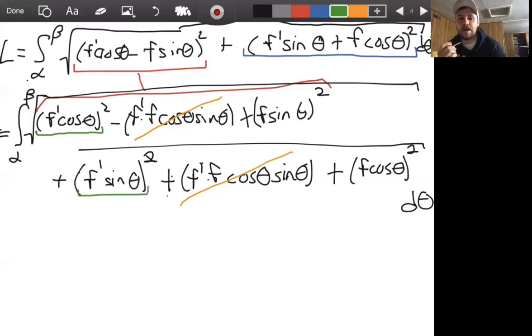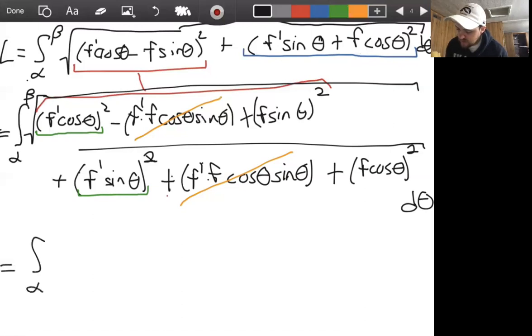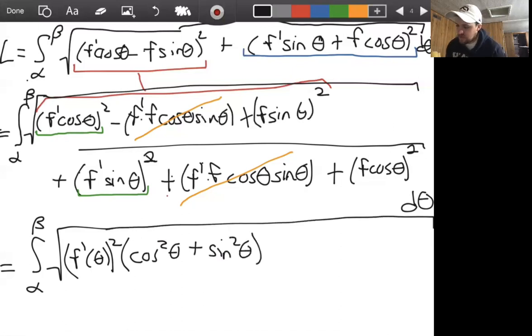Well, these terms share an f prime squared in common. So we can pull out the f prime squared from that term. Let's first say this is the integral from alpha to beta, square root. These have an f prime of theta squared in common. And once we pull out the f prime squared, what's left? Well, from the first term, there is a cosine squared theta. From the second term, there was a sine squared theta. So that's what we get from here.